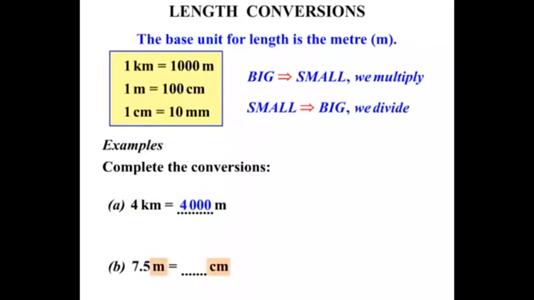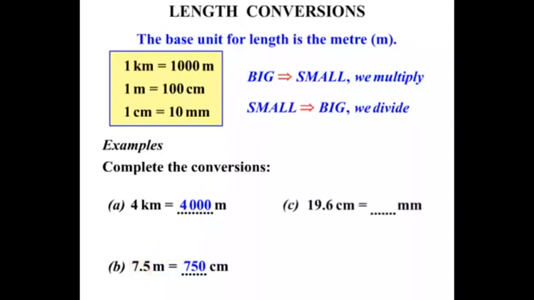Well, we're dealing with metres and centimetres, so we know that 1 metre is 100 centimetres, so we're going to be working with a factor of 100. Now we're changing from metres to centimetres, so again, something bigger to something smaller, so we multiply by that 100. And 7.5 times 100 equals 750.